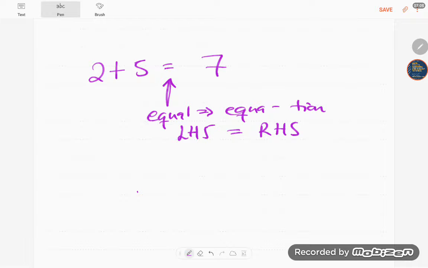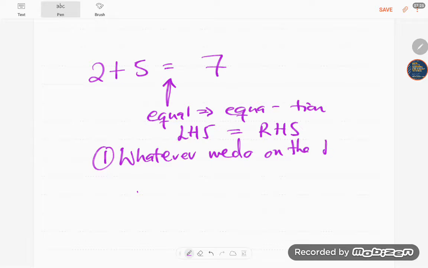Okay, and how do you deal with equations? Here's a rule of thumb. Whatever we do on the left hand side, we must do on the right hand side.